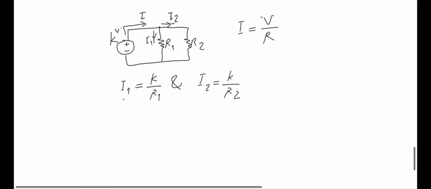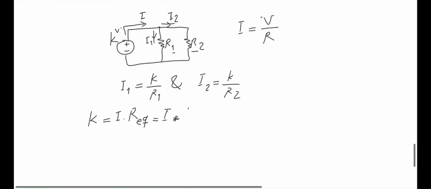And we also know that K, which is the voltage, equals I times R. This is again from Ohm's law. But here, as we are calculating the total circuit, this R has to be the equivalent R, so K equals I times the equivalent of two resistors in parallel.